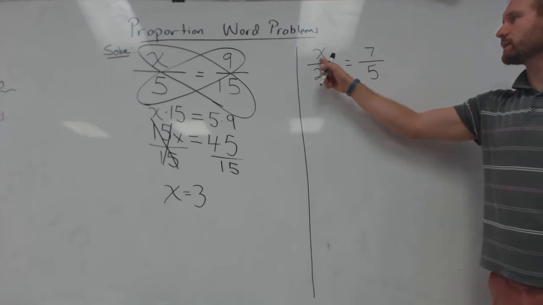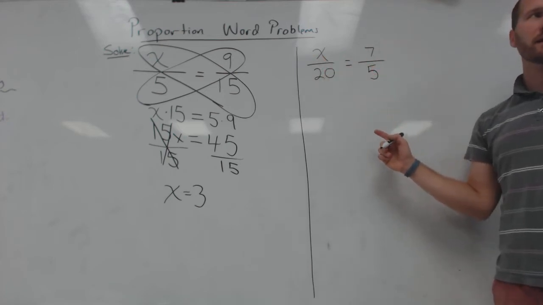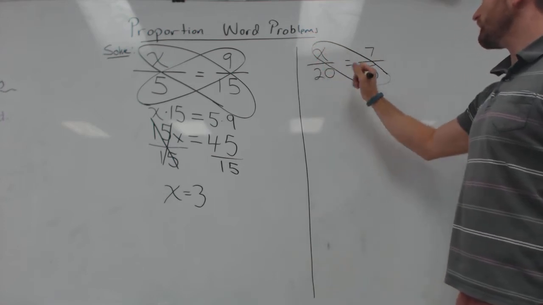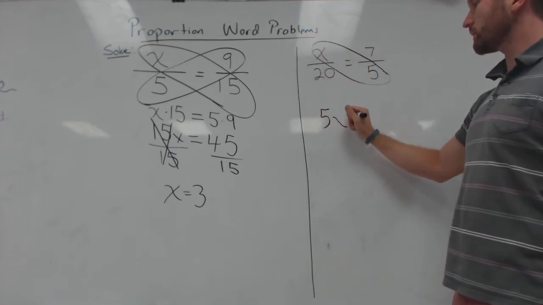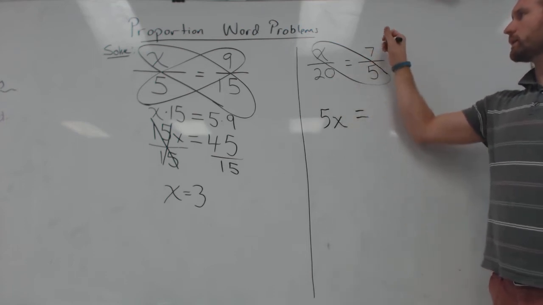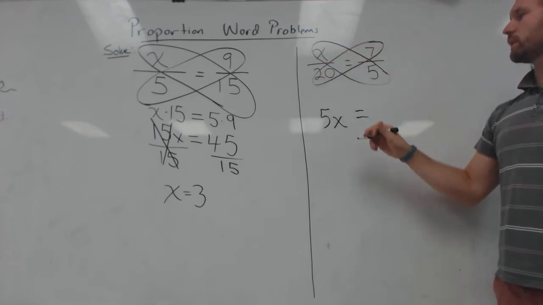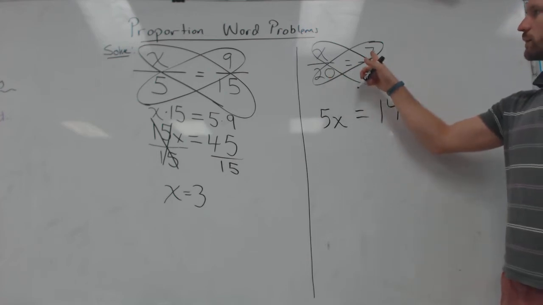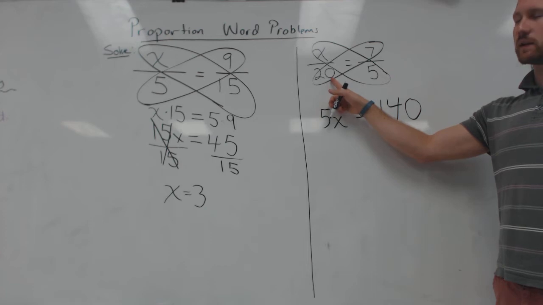So I see an x in a proportion, I automatically think cross multiply. X times 5 is 5x. I'm just going to go ahead and write it like that in my first step. 20 times 7 is 140. It's 2 times 7 plus an extra 0.